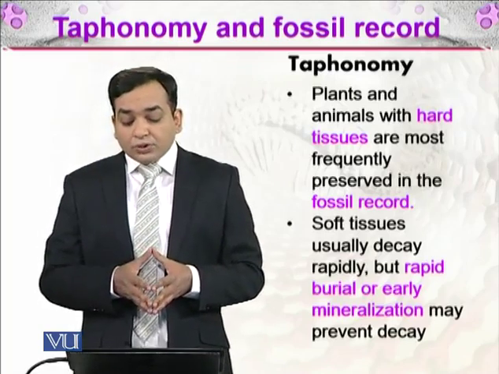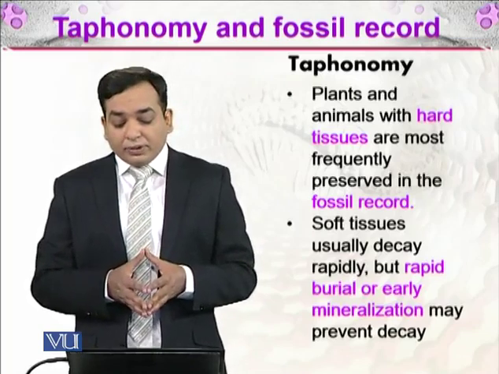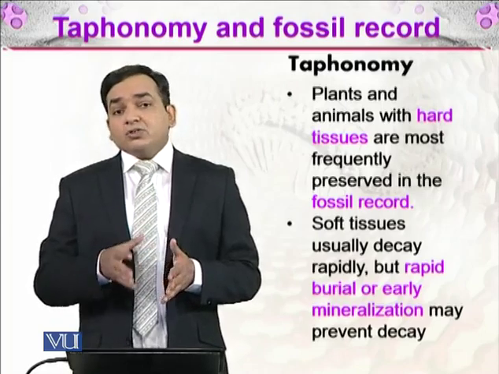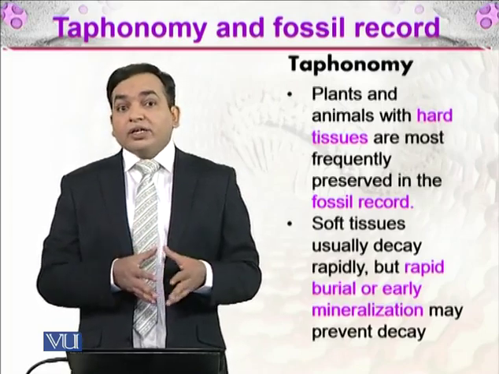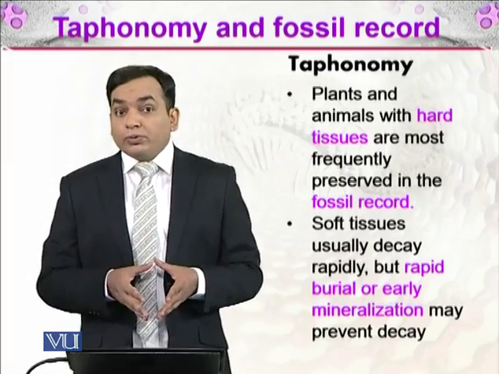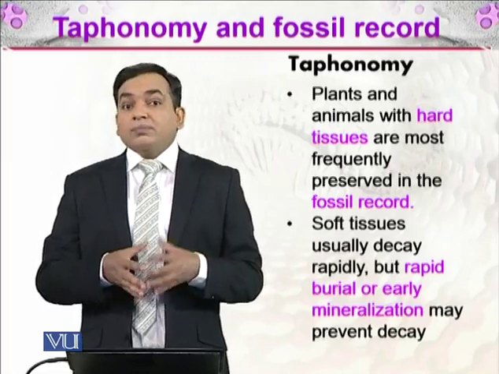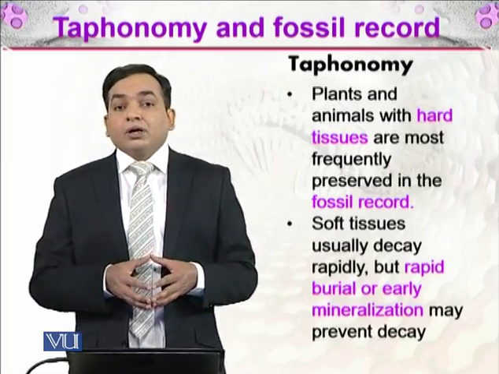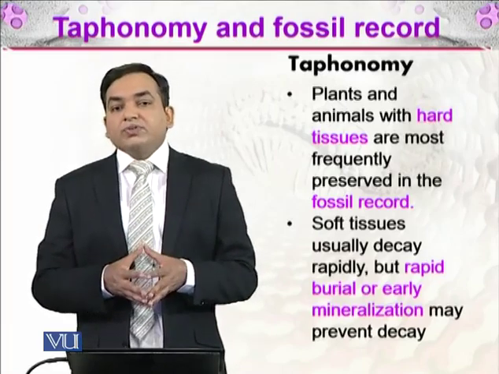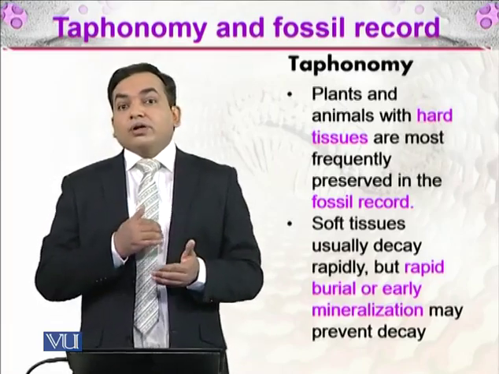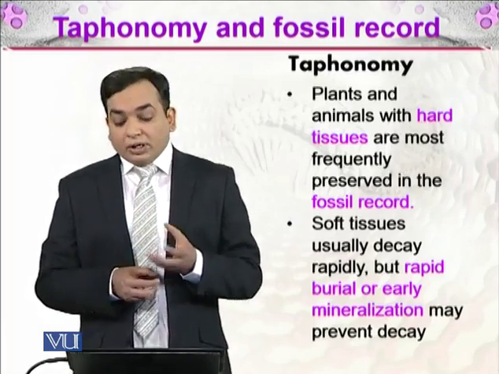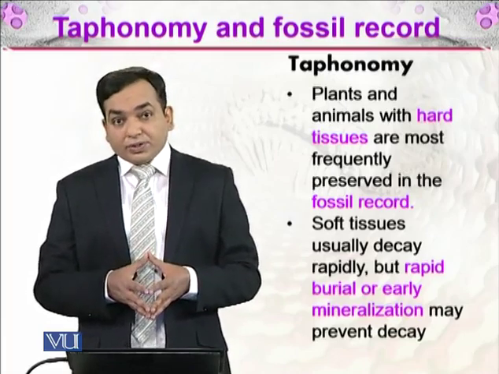The soft tissues usually decay rapidly, but a rapid barrier and early mineralization may prevent decay. It is not that we cannot find soft tissues in fossilized form. We do, because sometimes there are periods very beneficial for preservation, and soft tissues can also be preserved.